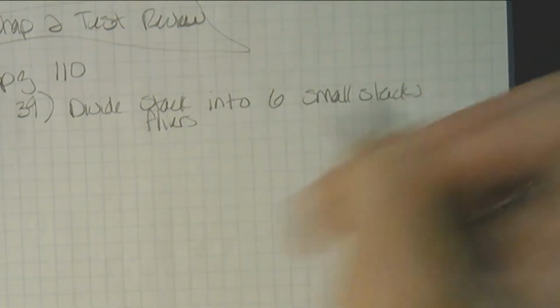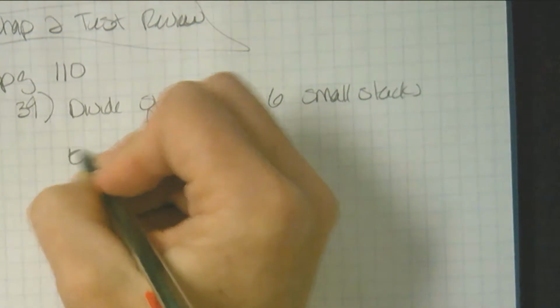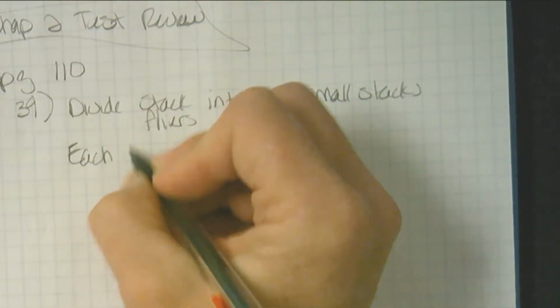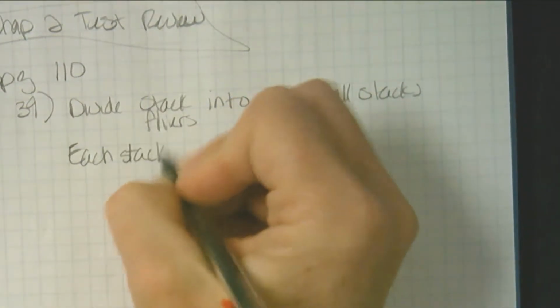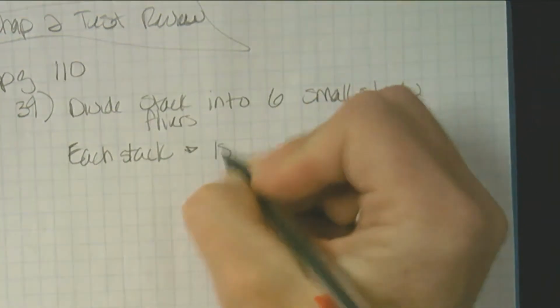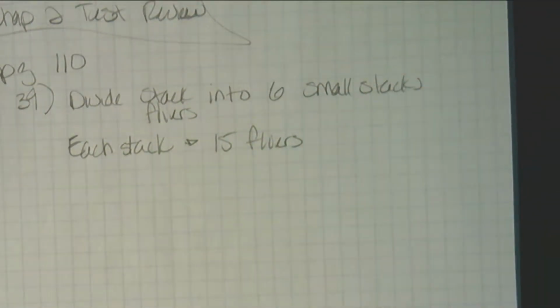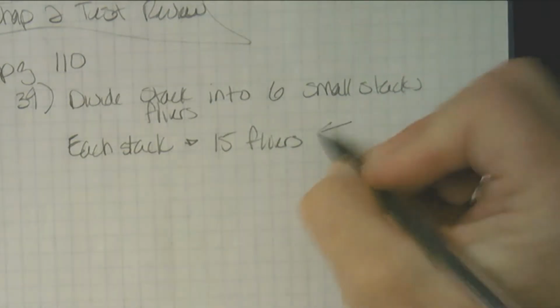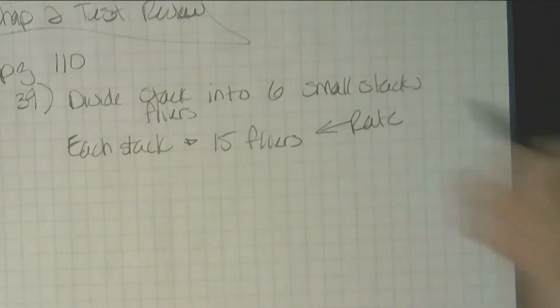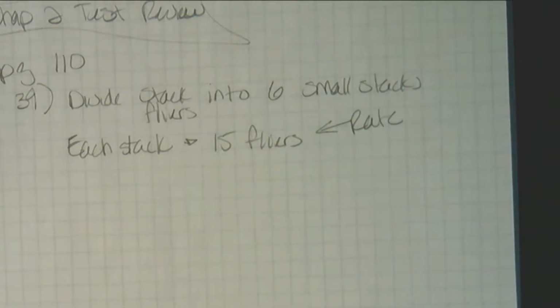All right, the next thing they tell us is that each stack has 15 flyers, and I'm hoping all of you recognize this type of number. What kind of number is that? Cullen? That's a rate. What operation do I always use with a rate? Alex? Multiplication.